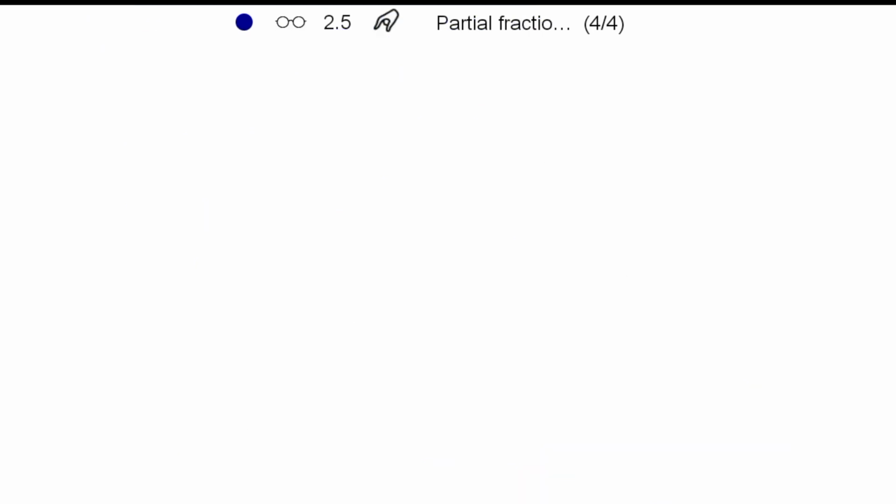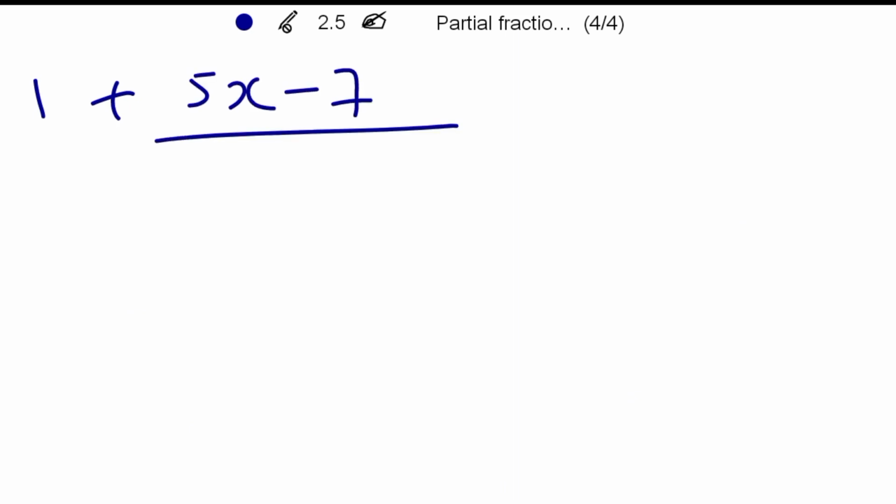Now, since a has a value of 3, we know that the expression we calculated before is 1 plus 5x minus 7, divided by x squared minus 2x minus 3.